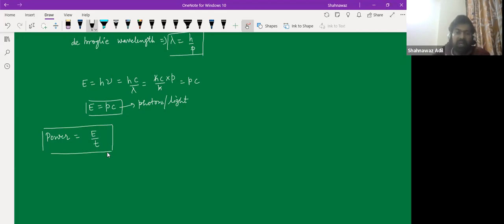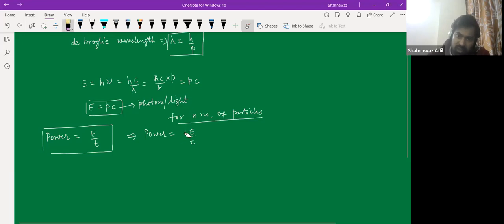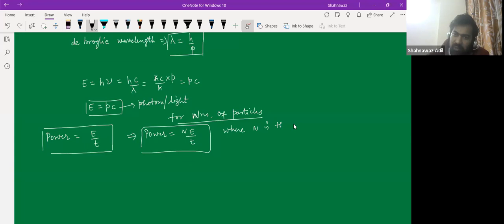If we have N number of photons, then this thing will change to: this would be for N number of particles, simply N times E by t, where N is capital, the number of particles.